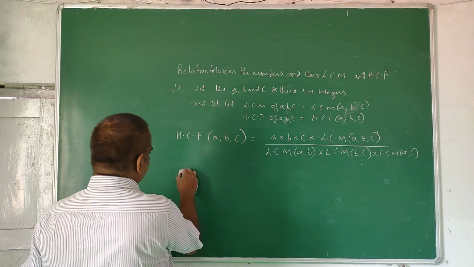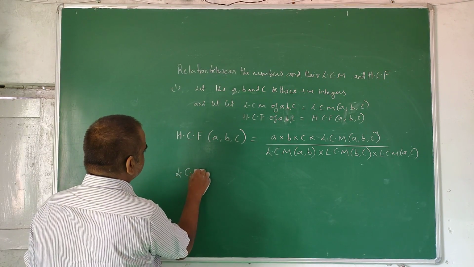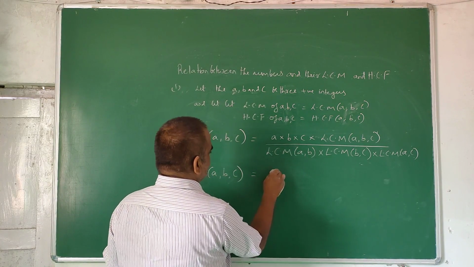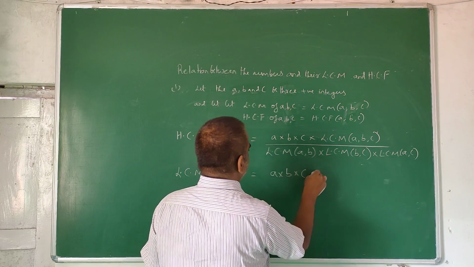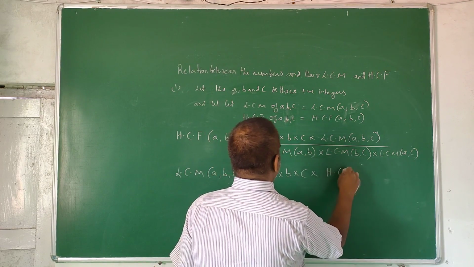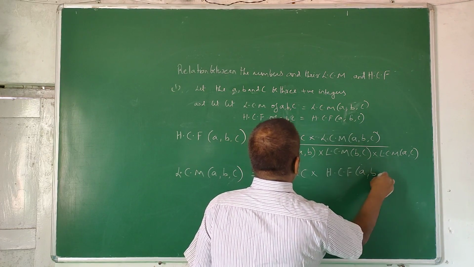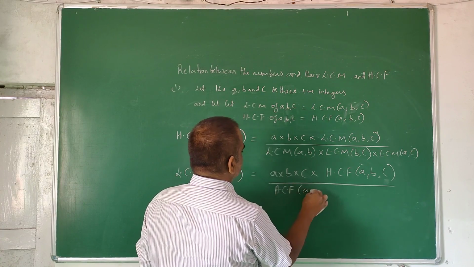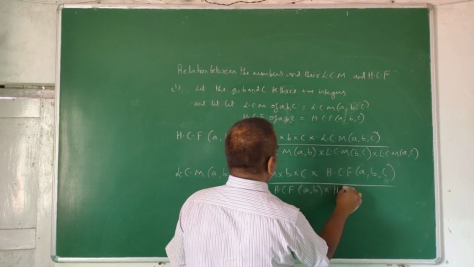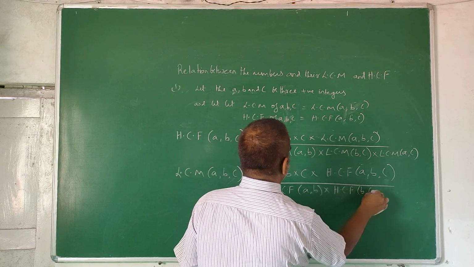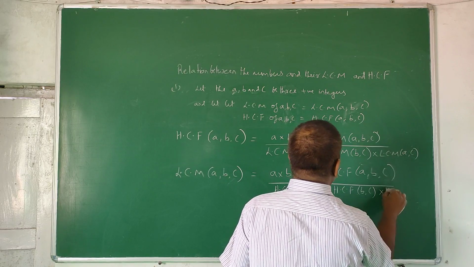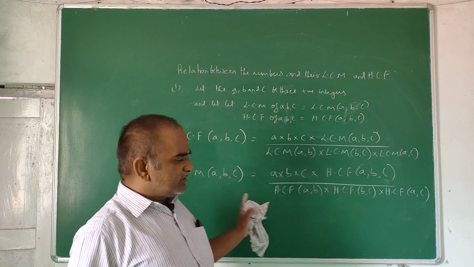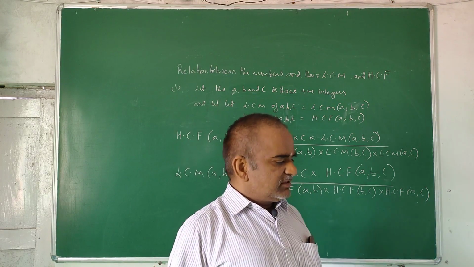Now LCM of A, B, C is equal, again, to A into B into C into HCF of A, B, C divided by HCF of A, B into HCF of B, C into HCF of A, C. So this is the formula that can be used.